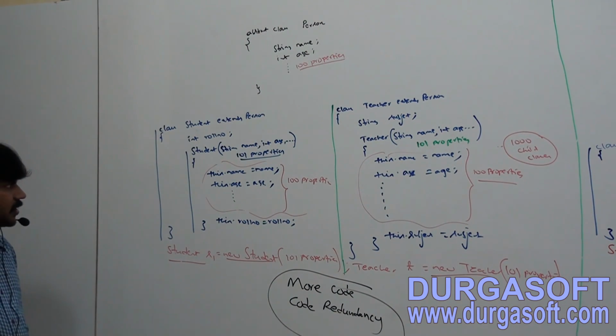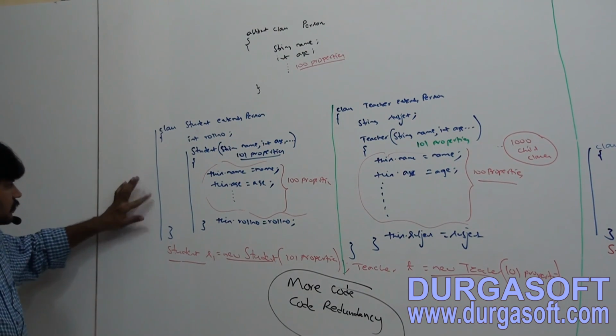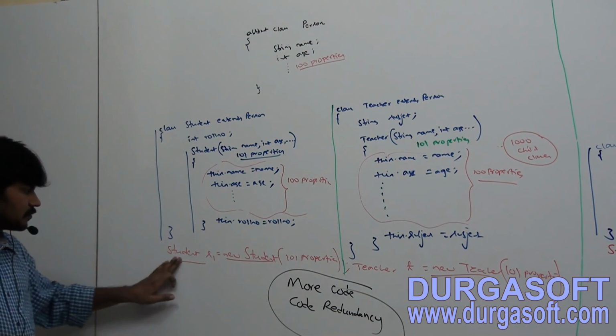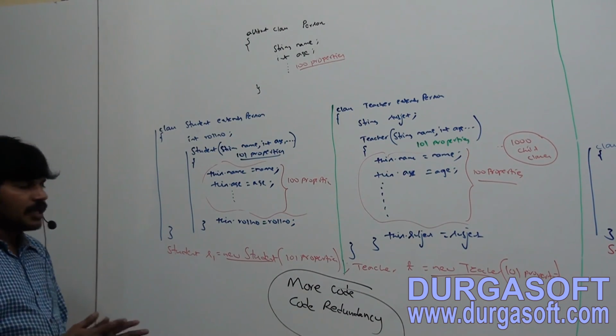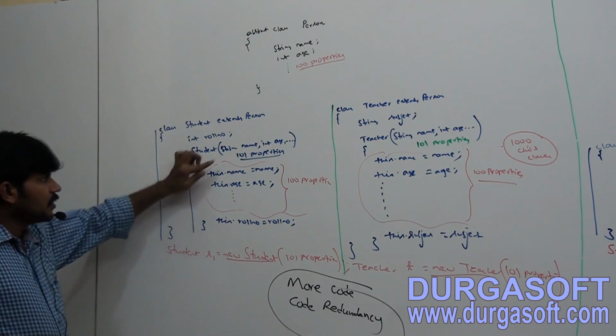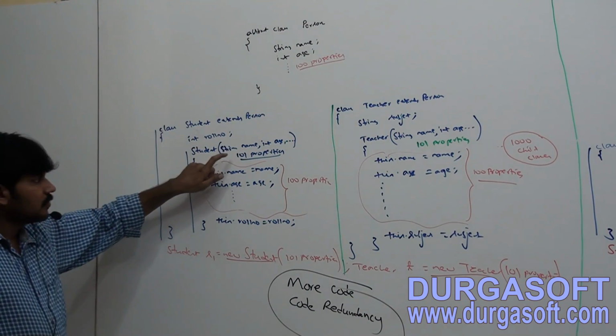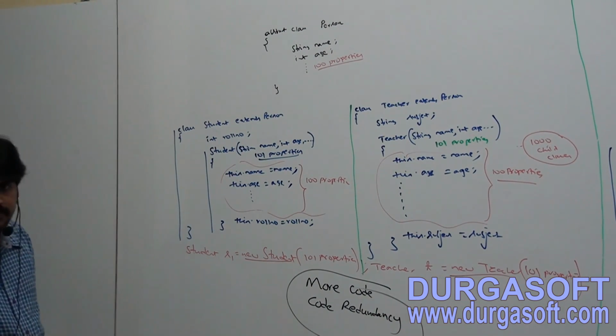Class student extends person, int roll number, string name, int age, dot dot dot. Here how many properties are there? 101 properties.